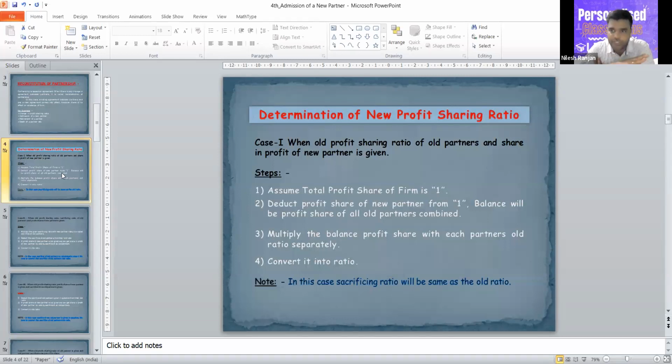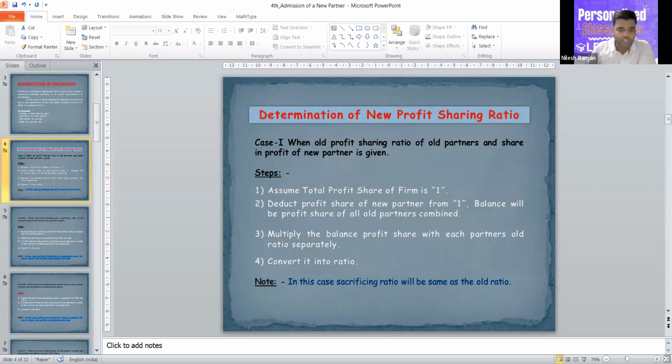New profit sharing ratio, gaining and sacrificing ratio. We will discuss these ratios combined. So the case one, you can see here, is when the old profit sharing ratio of old partners and share in profit of the new partner is given.